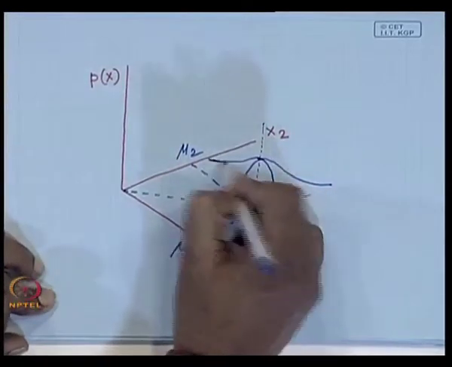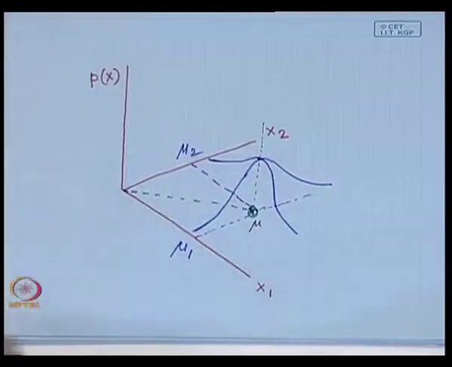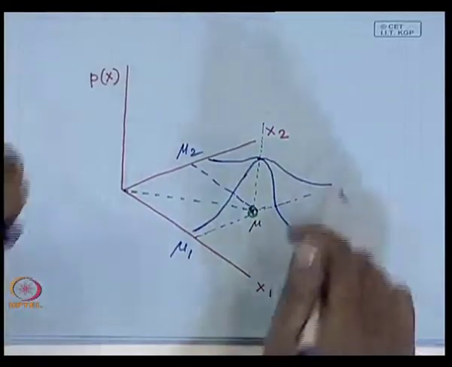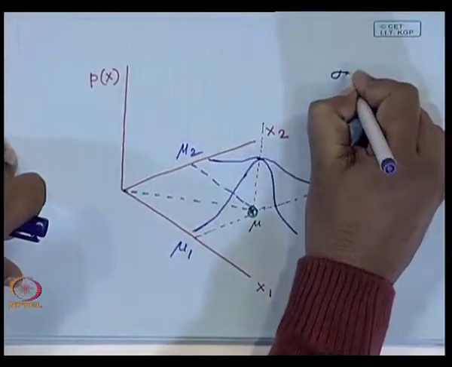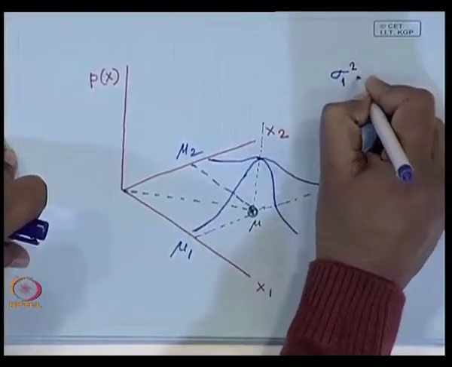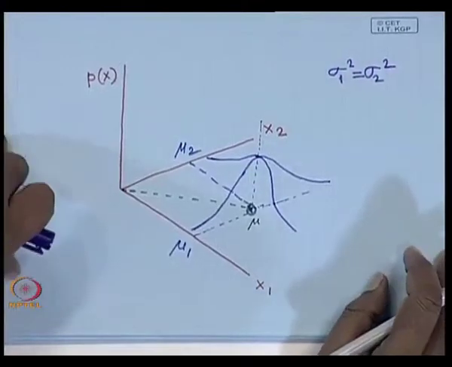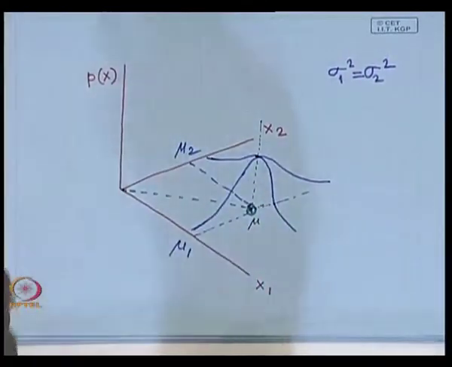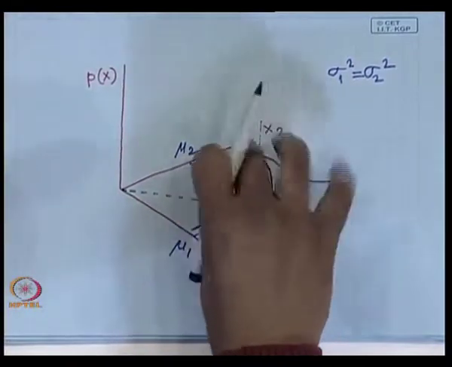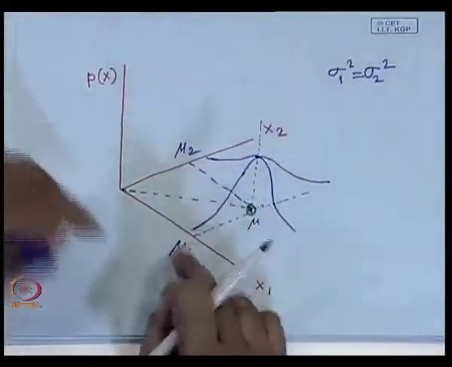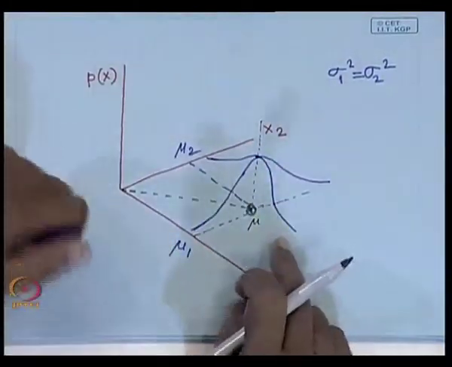And if it is a single Gaussian, let me take a simplified case, that sigma 1 square is equal to sigma 2 square. That means the variance along x 1 and the variance along x 2 are the same. So the shape I will have is, if I have a single normal density profile, you would rotate it around the vertical axis.